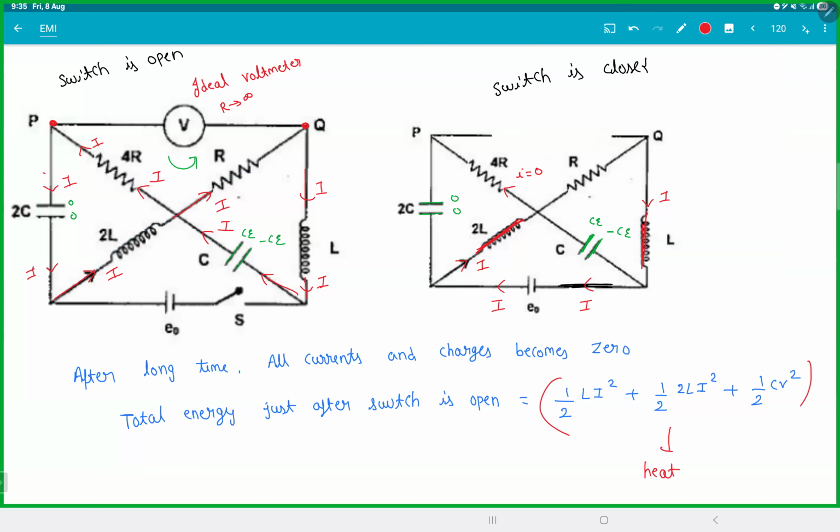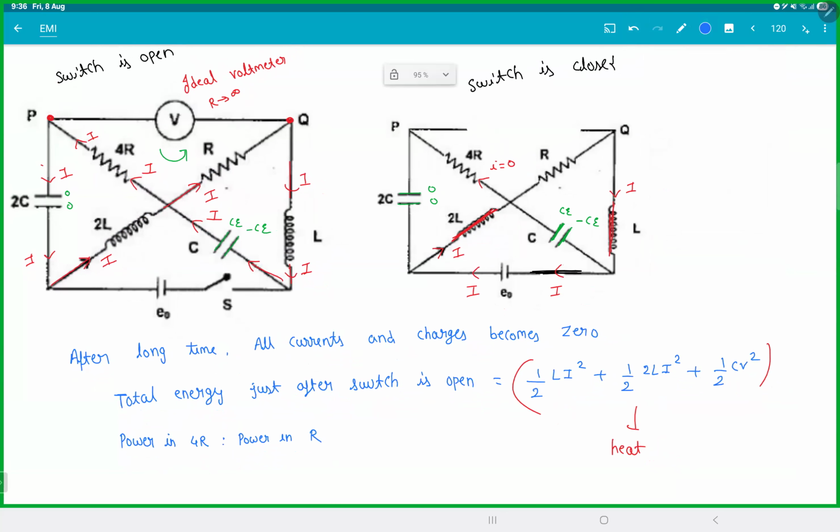Make sense? And if you can clearly see here, 4R and R both have the same current. So power in 4R is to power in R will be in the ratio of I square 4R is to I square R, 4 is to 1.